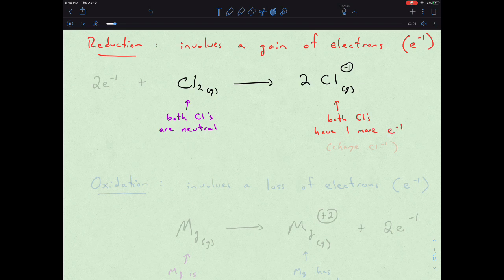And we get that from the charge, chlorine -1. So both of those chlorines are gaining an electron, and so if we were really to balance out the process, we would have our two electrons as also a starting material. So the two electrons are being given, one to each chlorine, and then each chlorine becomes negative, and as a result, we have now, for each chlorine, one extra electron.